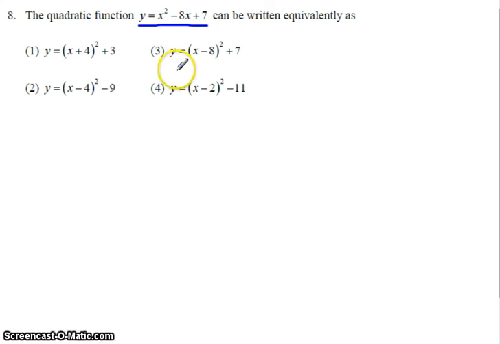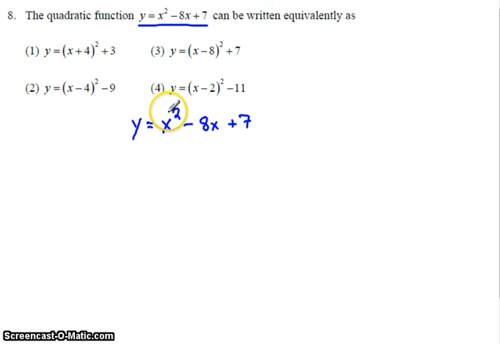So actually, you could use your calculator, graph this one and then figure out which one of these by graphing is the same exact thing. Easy enough to do on the calculator, but let's review completing the square. So I'll start off with the original, which is y equals x squared minus 8x plus 7.